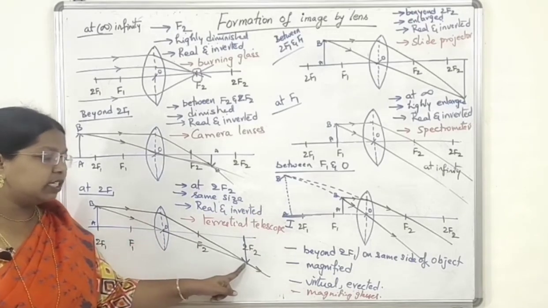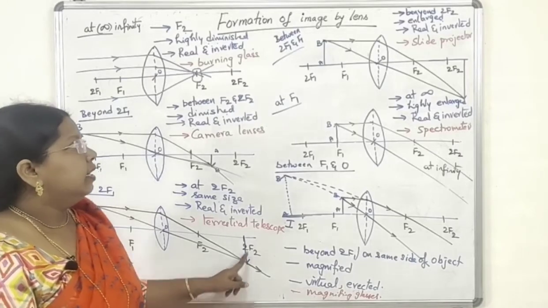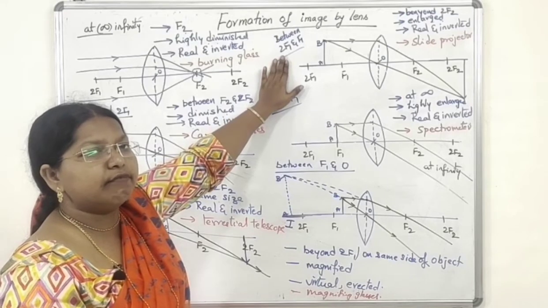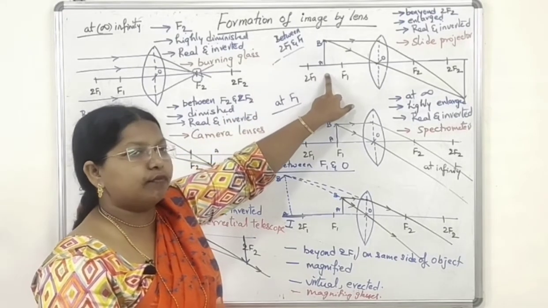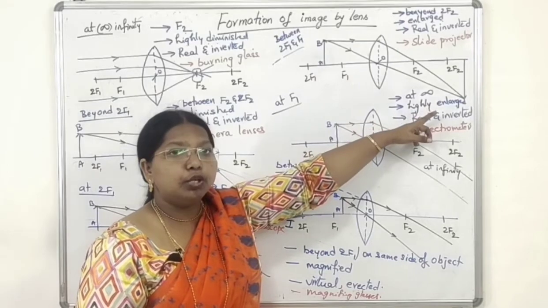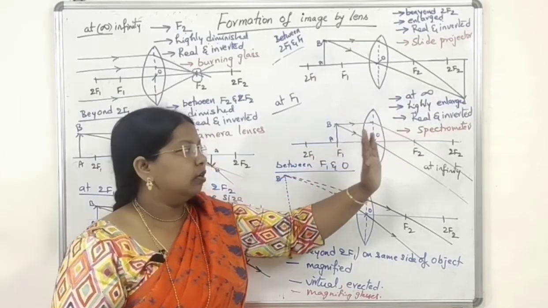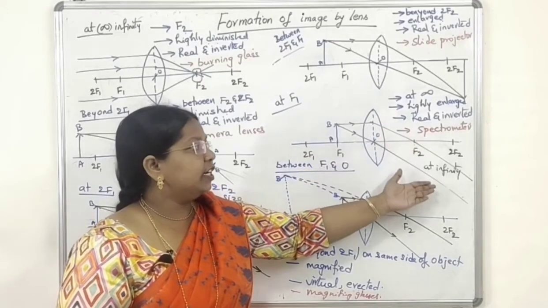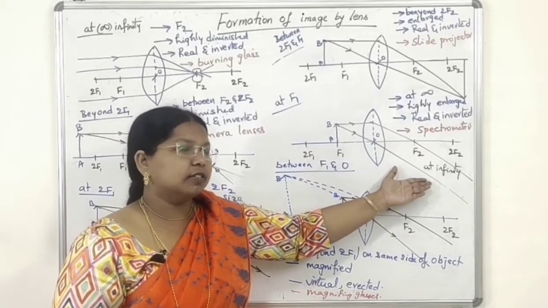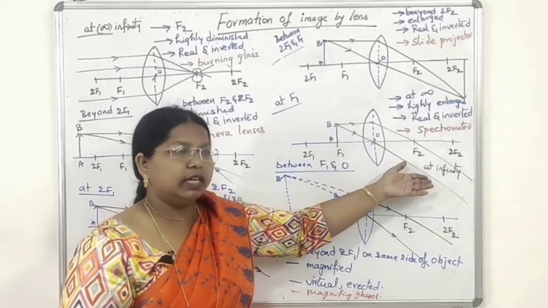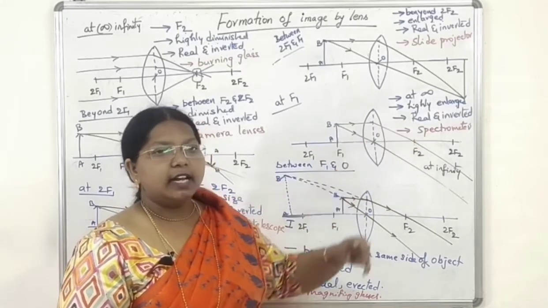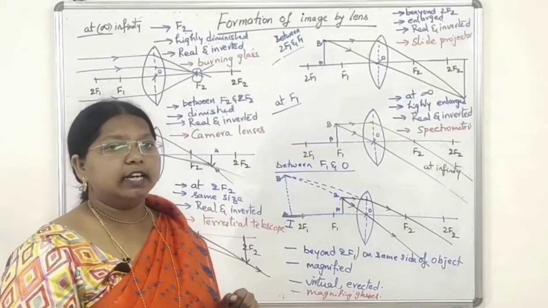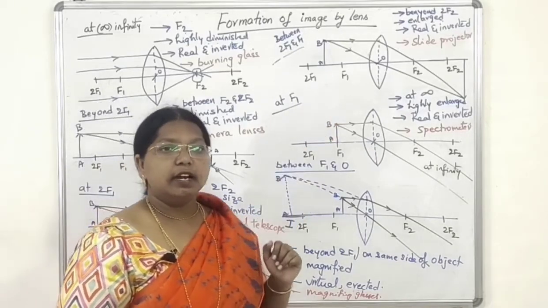Next, if the object is between 2F1 and F1, then the image is formed beyond 2F2, enlarged, real and inverted. If it is at F1, highly enlarged, no one will go and draw it there, so we will leave it like this. Even that highly enlarged image is real and inverted. All real images are inverted.